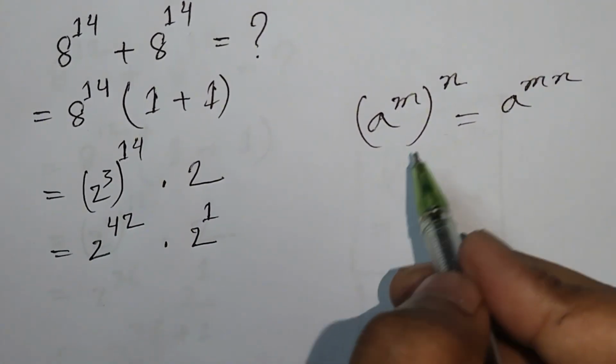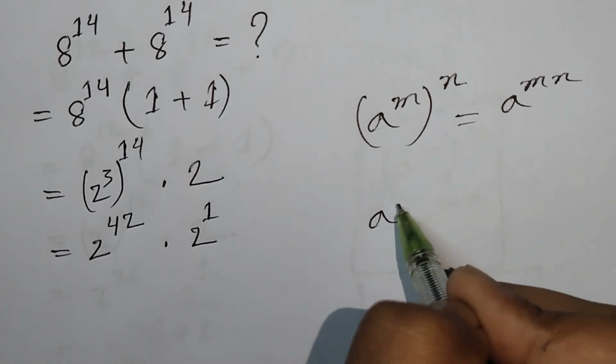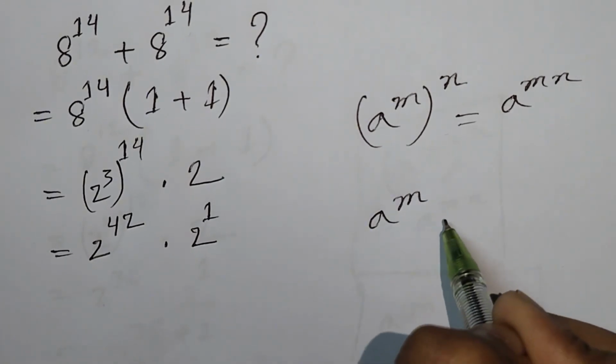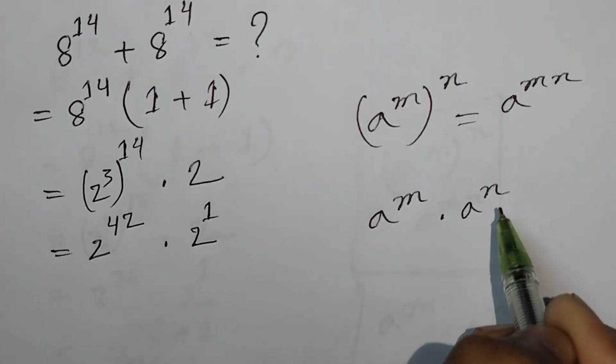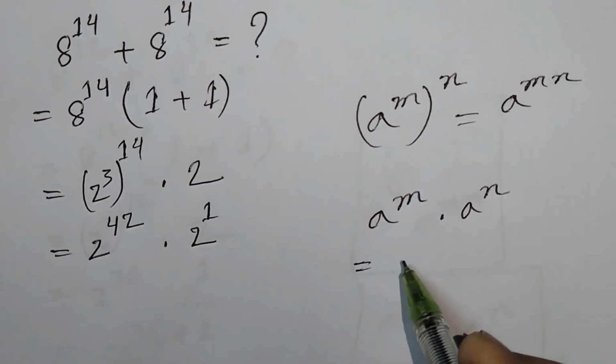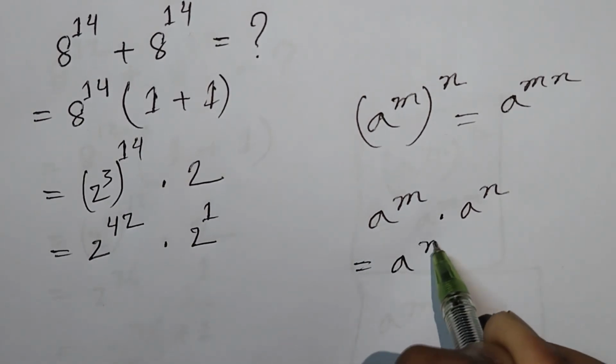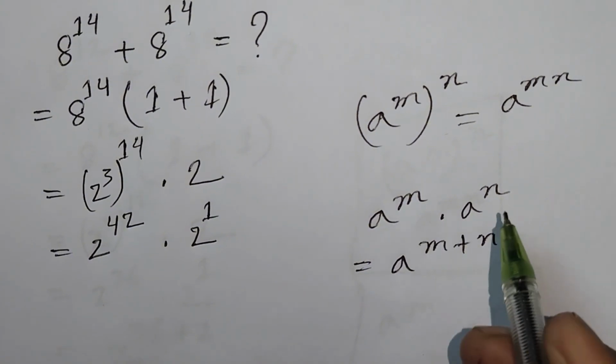According to this rule that a power m times a power n is equal to a to the power m plus n.